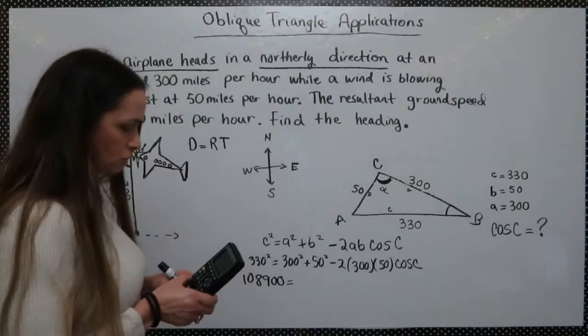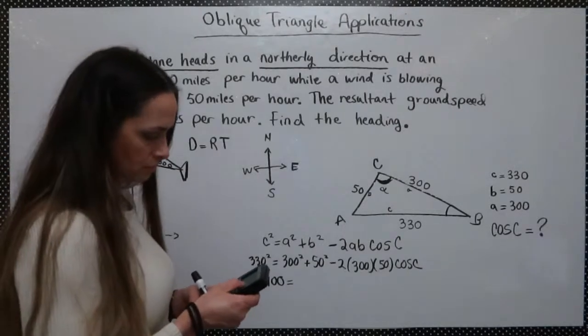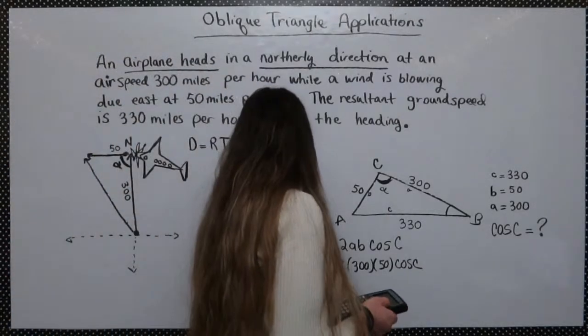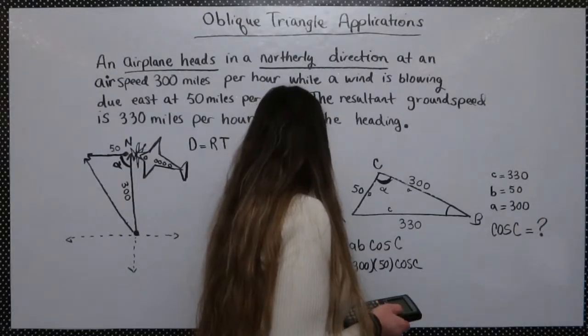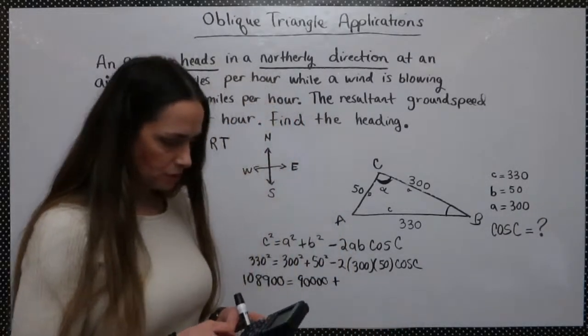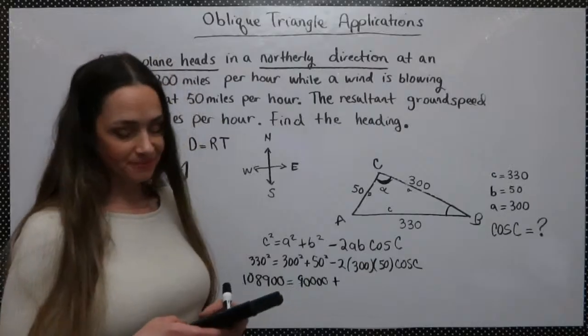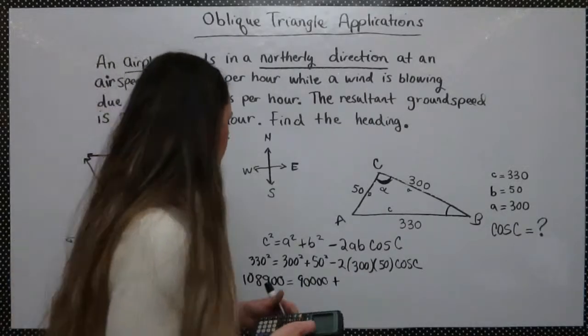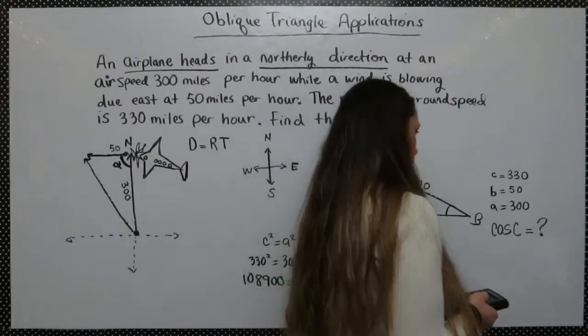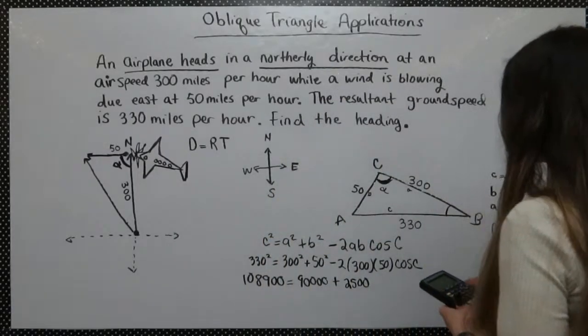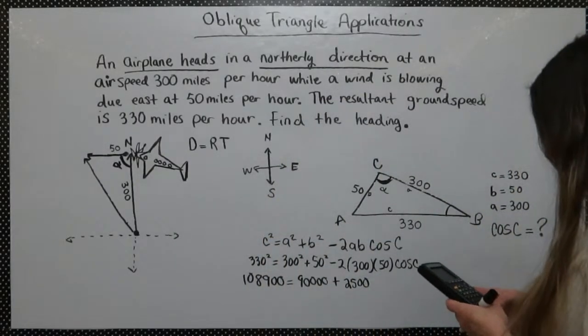So 300 squared, 90,000. And then 50 squared, 2,500. And then we've got 2 times 300 times 50.